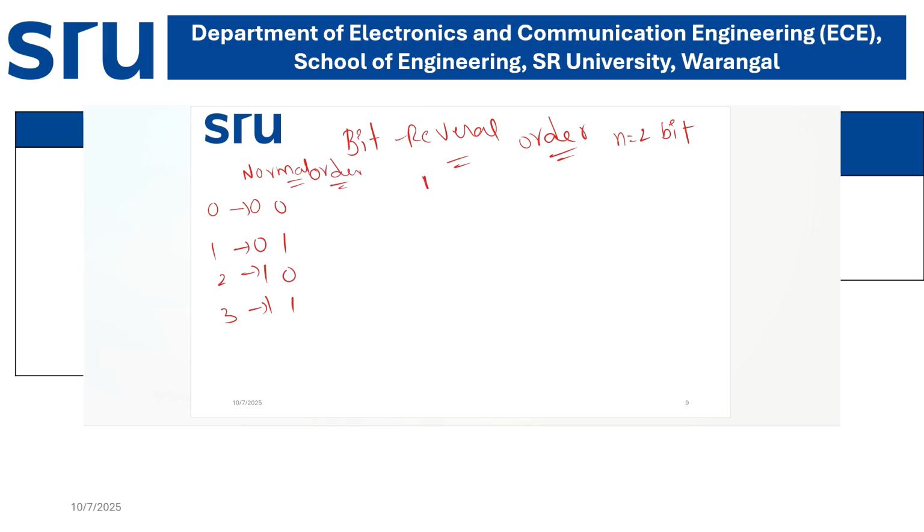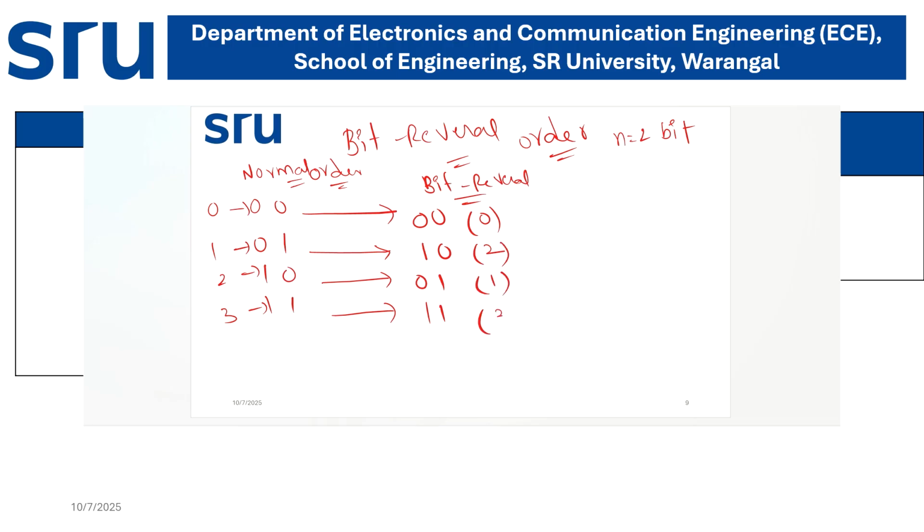If I take bit reversal order, it means interchanging of bits. If I change these bits, again we will get a 0. If I change 0, 1, then the reverse of 0, 1 is 1, 0. Again 1, 0, the reverse is 0, 1. 1, 1, again the reverse is 1 and 1. So this is decimal number 0 and this is the decimal number 2, then 1, it is 3. If you are identifying when we have a bit reversal pattern, so first one is we got even values and second we got odd values.